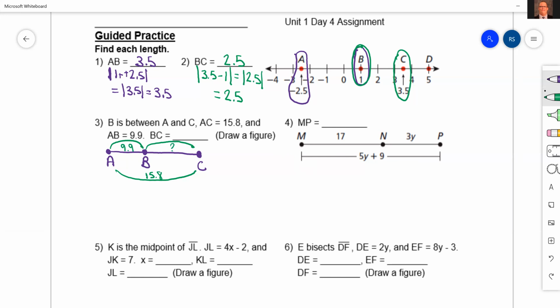Well, let's write out a simple equation. Most of y'all probably already have it solved. You just subtract. Yeah, you do. But just to get in the habit, we're going to make an equation. So 9.9 plus x, part plus part equals whole.